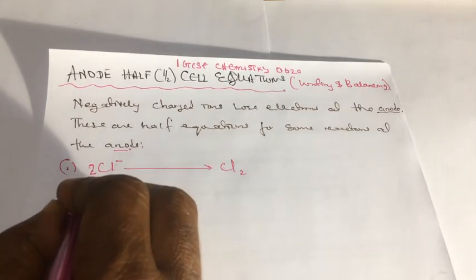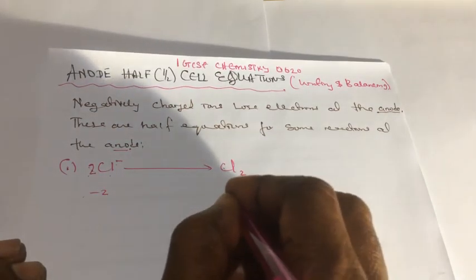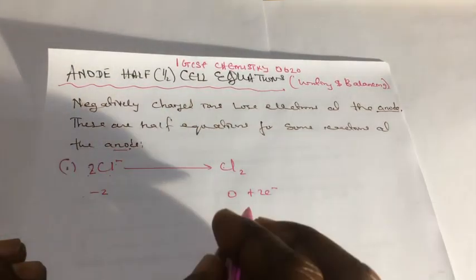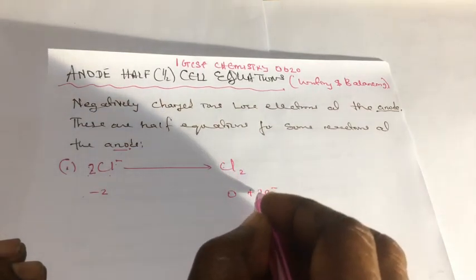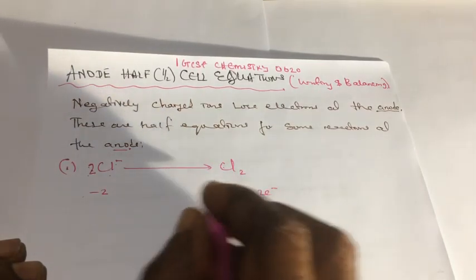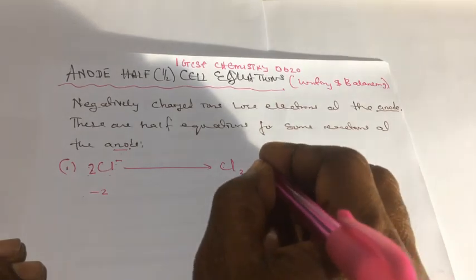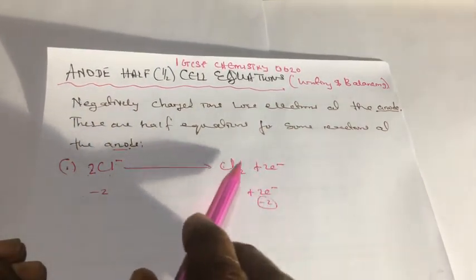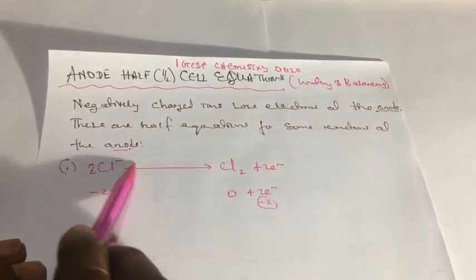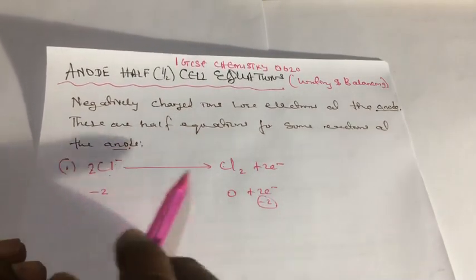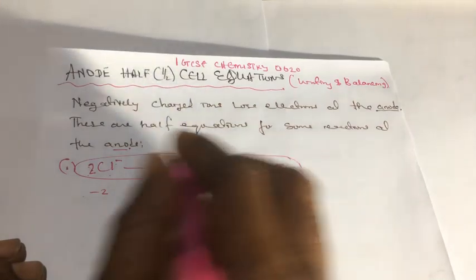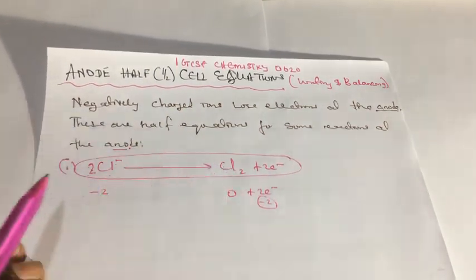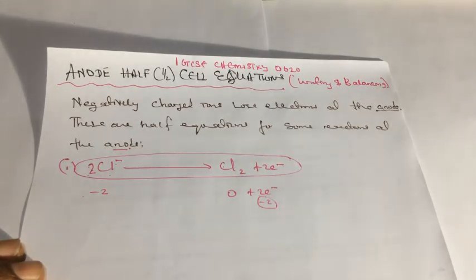If here is -2 and here is 0, we introduce 2 electrons. 2 times -1 is -2. So the electrons will be given, and the total charge here will be -2, and here is -2. So this is the half-cell equation for the discharge of chloride ion forming chlorine gas at the anode.